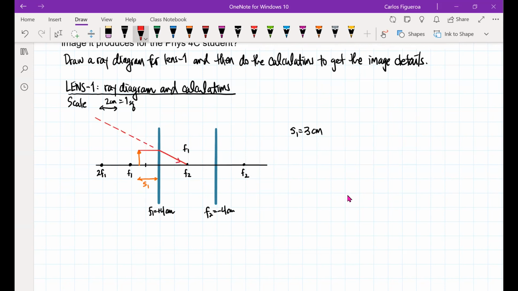So this is my ray right there. Now my second ray goes directly through the center of the lens. This ray goes right through here, but then I follow this ray back.